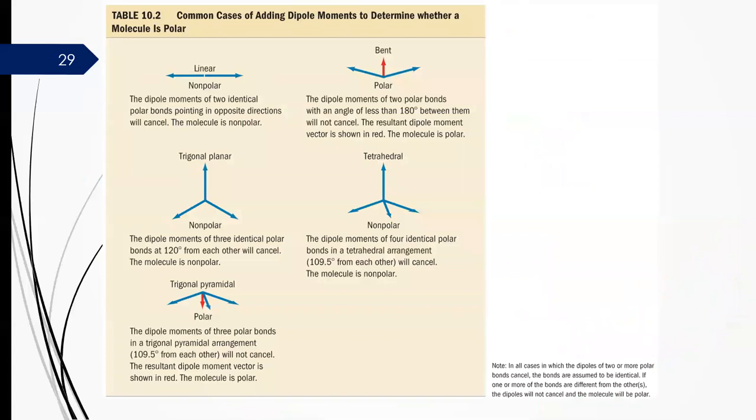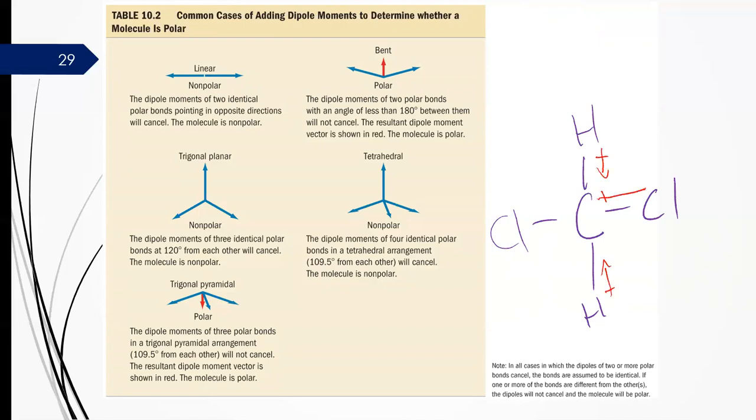And so when we start to put out our 3D shapes, then we can start to predict whether we're going to be polar or nonpolar. And you have to remember that the reason why we have to use our 3D shapes instead of our Lewis structures is that our Lewis structures might have us look at something like this. And when we put in our bond polarities, we might look at this and say that this is nonpolar. But that's not true.